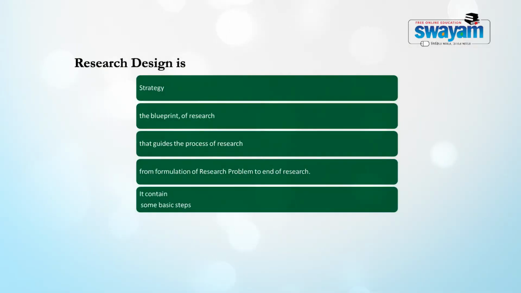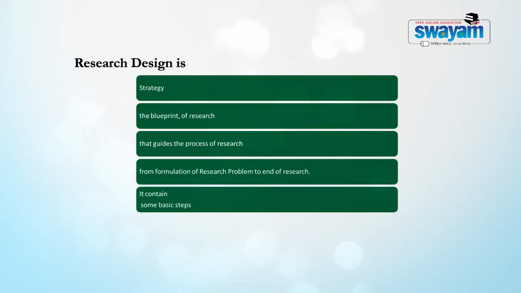Research design starts from the beginning to last. It works from the beginning, that is the formulation of the research problem, till the end of the research. There is a question, a dispute regarding this particular aspect, whether the research design comes into action after formulation of the research problem or before. Basically, the research process starts after formulation of the research problem.